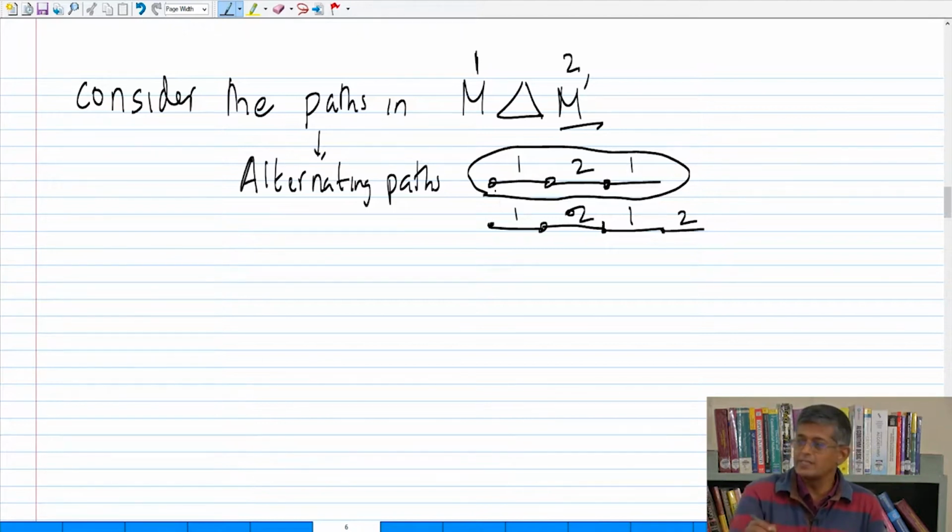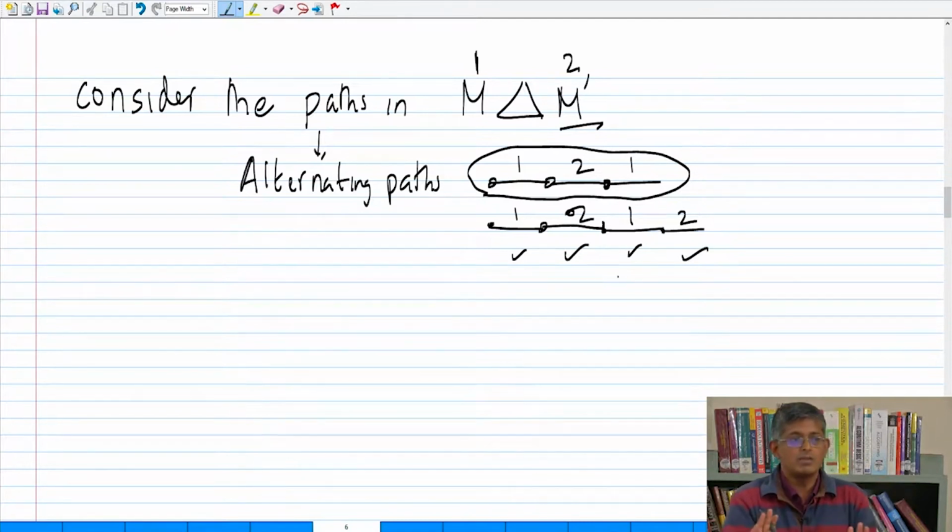The argument is that if it is of this form, 2 edges of 1 and 2 edges of 2, such paths will count an equal number of edges from M and M prime. But M prime has more edges.